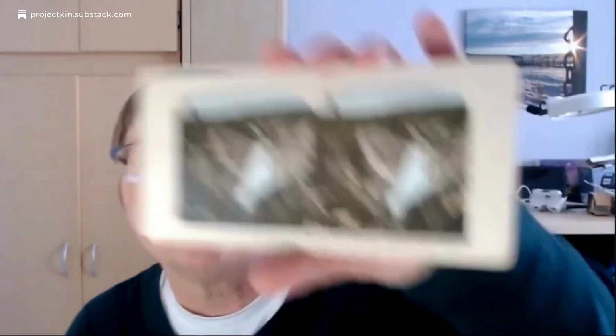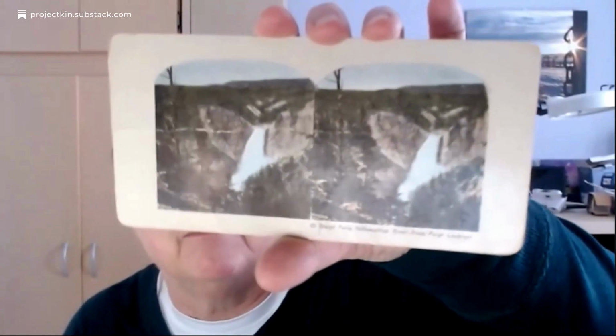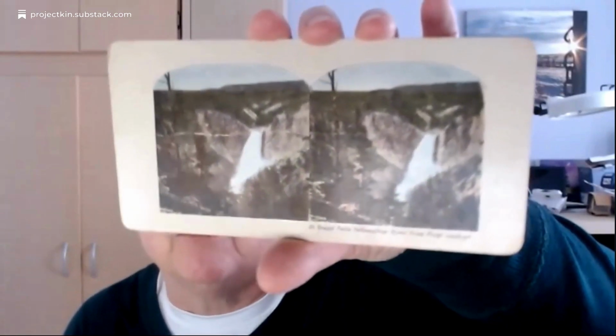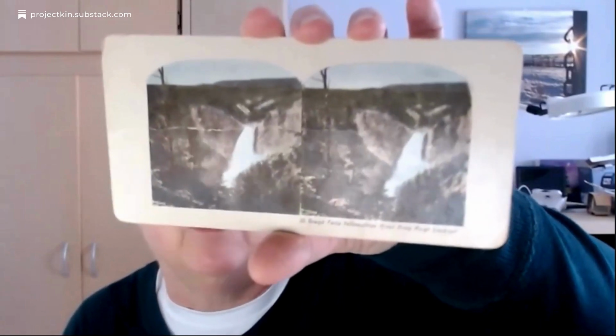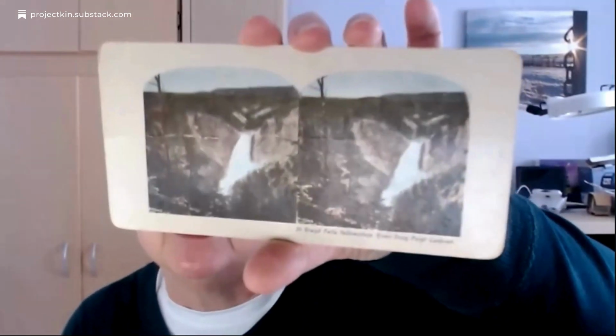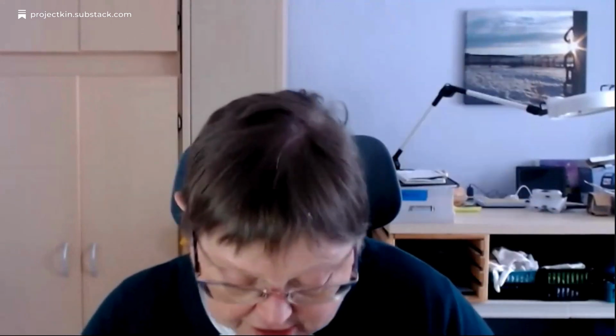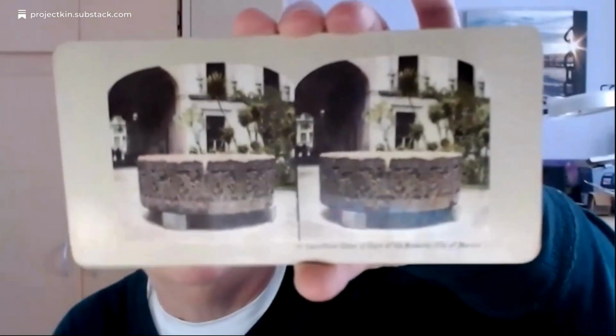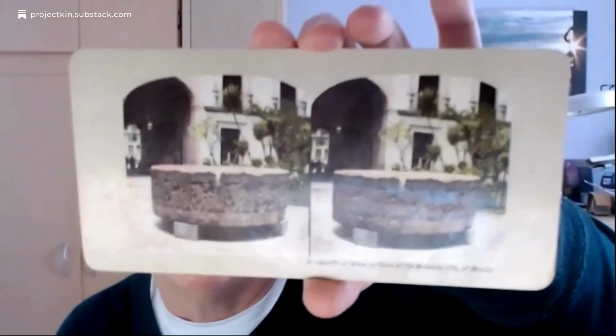So this is the Grand Falls in Yellowstone. That is a stereoscope. You look through the stereoscope device that I showed, and it puts it into one photo and gives it dimension. If you've come across these, a lot of them are tourist-type photos that people could buy.